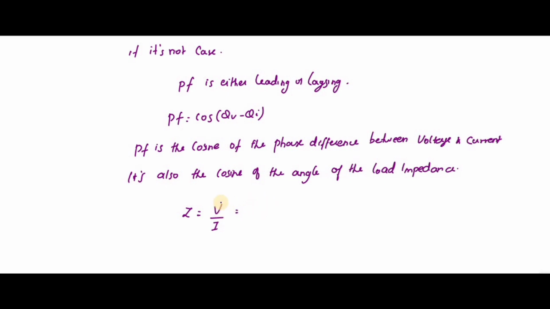So here I can term this as Vrms at angle del V divided by Irms at angle del I. That is why it will come as Vrms divided by Irms at angle del V minus del I. I can also write Z is equal to Vm by root 2 divided by Im by root 2 at angle del V minus del I. So this is nothing but Vm by Im at angle del V minus del I.